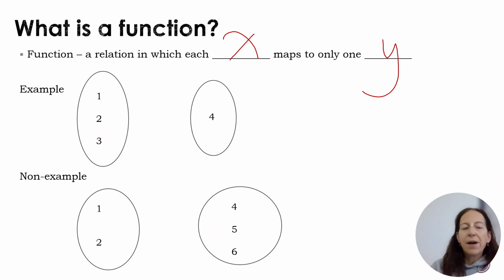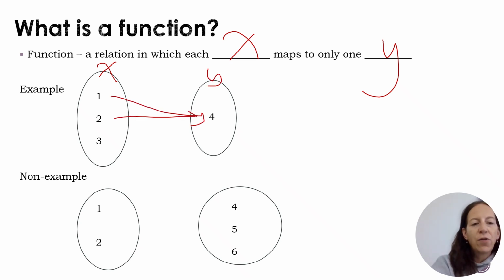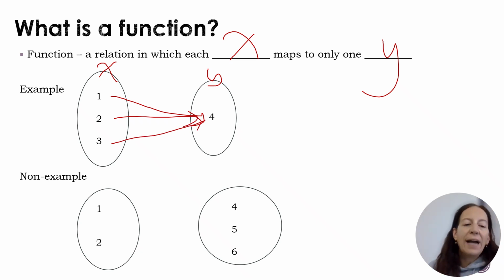So for an example, we have the x's over here. Okay, those are my set of x's, and this is my set of y's, and I could map each of those to the 4, and that would be a function. Here's why it's a function. The definition of a function is that each x maps to only one y. So if I look at the 1 as my x, it only maps to a 4.